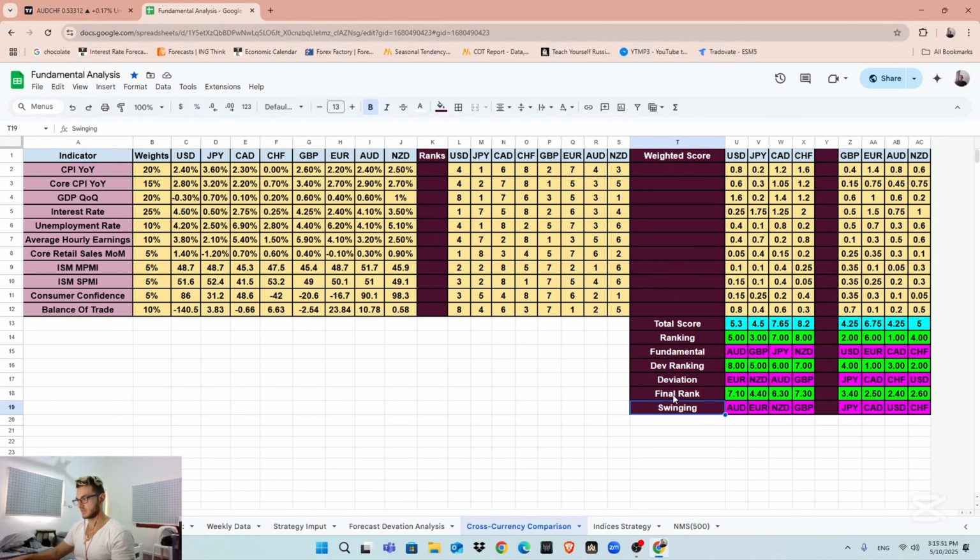So this is the final rank, which is swinging, and based on this ranking system I can choose my pairs to trade during the next week.